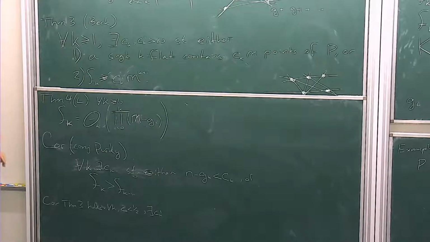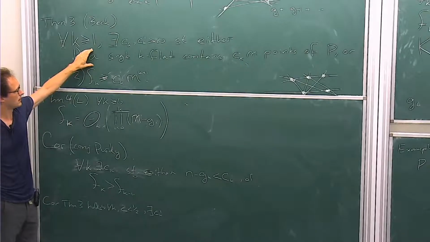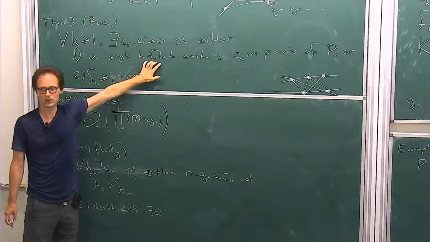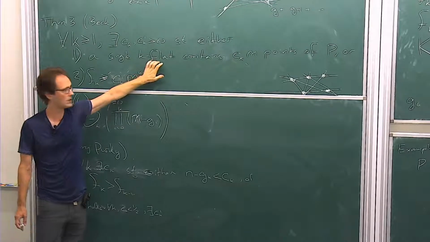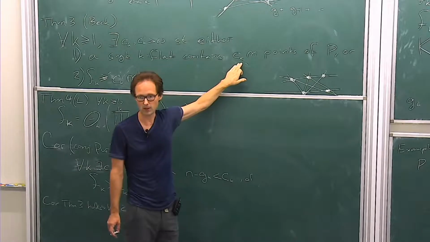So this is for all k, this is the optimal, this is as good as you can hope for c_k. And how does this work? Well, it's pretty much immediate from theorem 4 that either there's a set of essential dimension k. So if you replace a k-flat with a set of essential dimension k in this theorem, then you can take c_k to be anything less than 1.